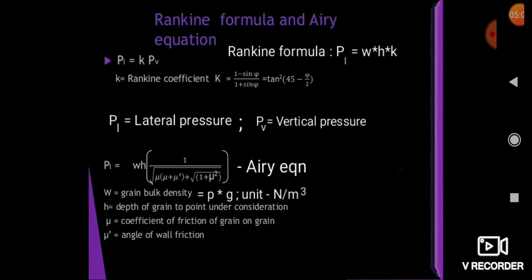The lateral pressure is, friends, suppose someone is standing and there is a pressure acting on their body from the side. Suppose the air is blowing and air is exerting some pressure on the body. That is the side pressure. That is called the lateral pressure. Vertical pressure always acts vertically downward to the ground and lateral pressure always acts horizontal to the ground surface.